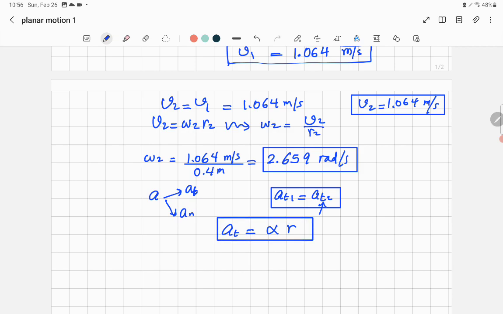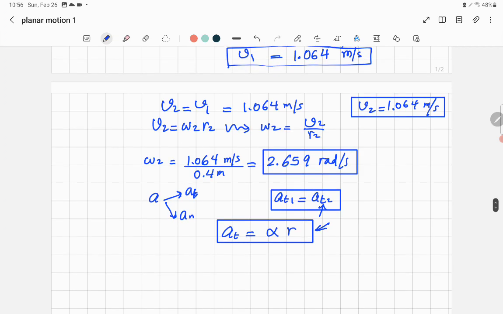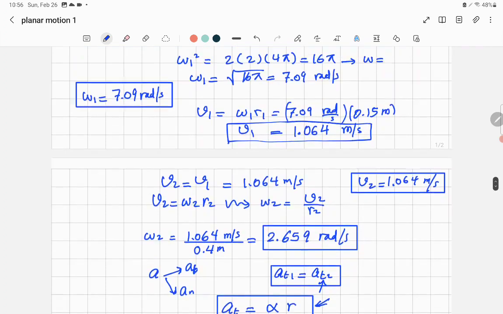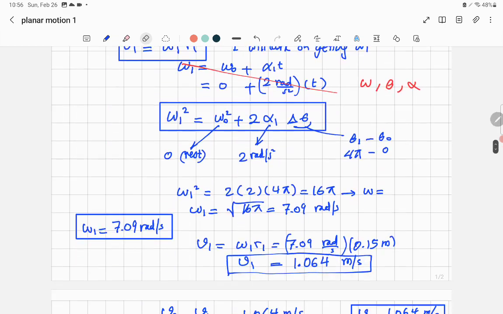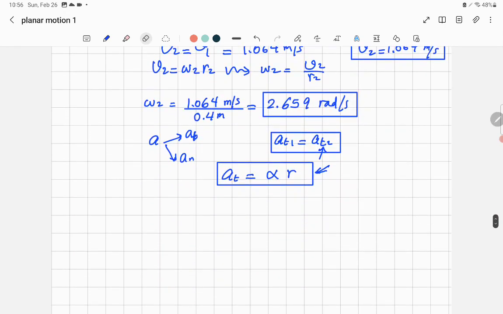If we go back to what we did, that's the relationship that we need. Obviously I have to work on pulley 1, because I believe the acceleration was given here. Yes, alpha 1 is given. And I have the radius, so I will work on AT1.